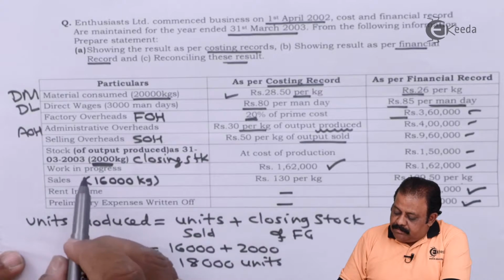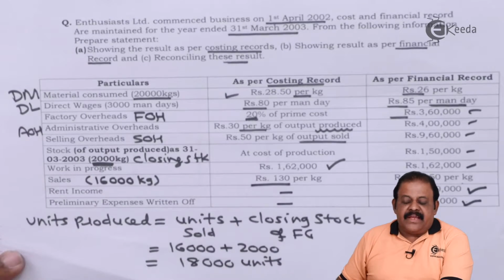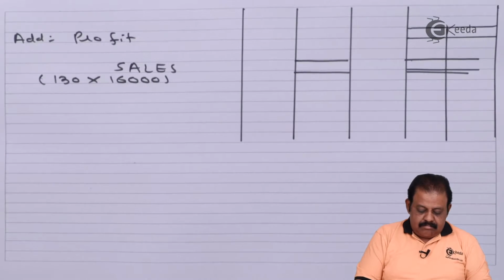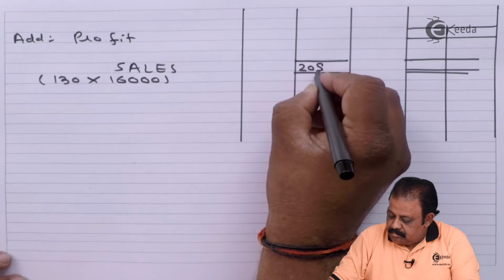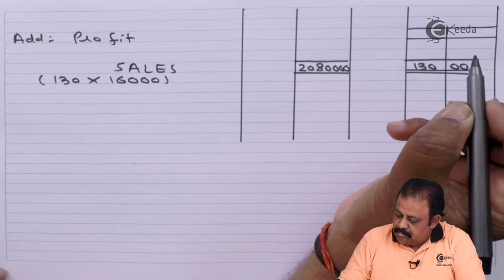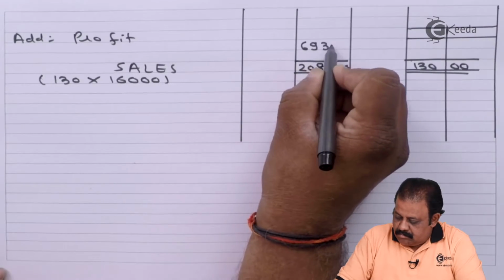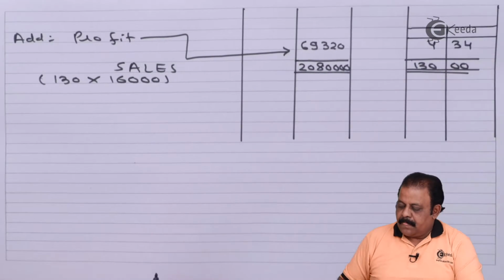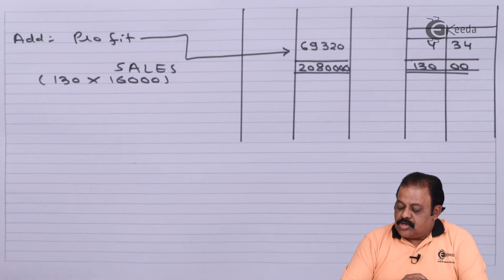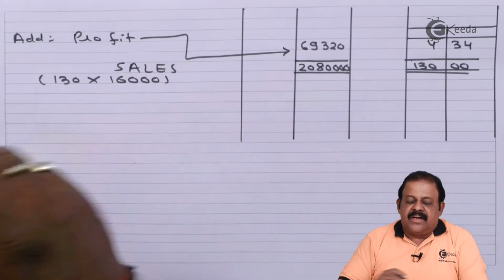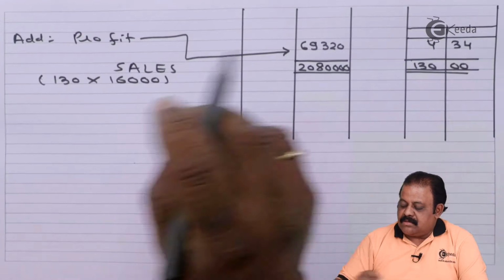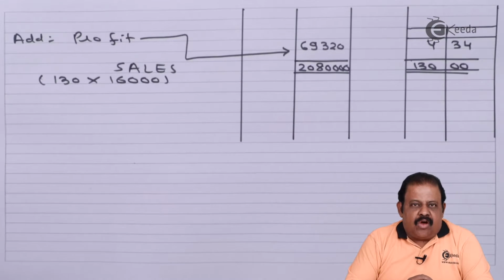Sales as per cost book 130 per kg. So there is a profit as per cost book 69,320. Per unit it comes to 4 rupees 34 paise. So our financial book shows loss and cost book is showing profit.